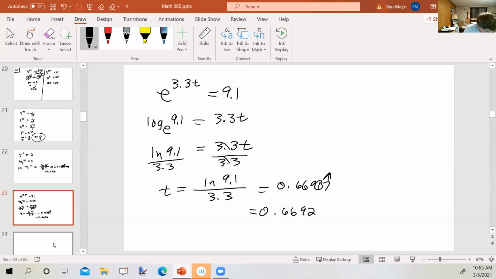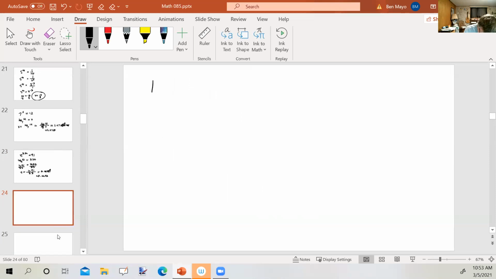Let's take a look at this. Let's say I've got log of 5x equals 4. Solve each equation. Well, keep in mind this is common log or log base 10, so there's an implied 10 there. I could take this logarithmic equation and write it in exponential form, and it would be 10 to the 4th power equals 5x.